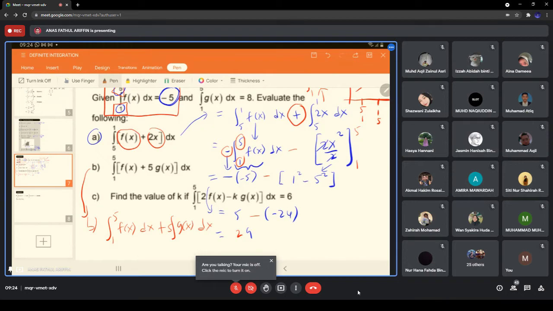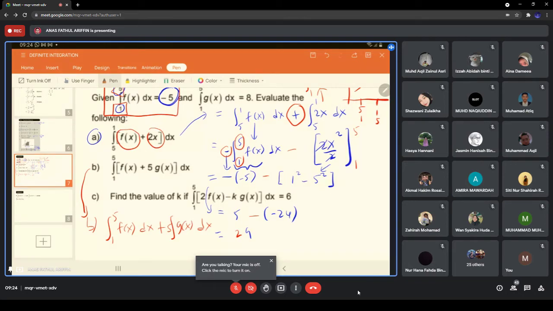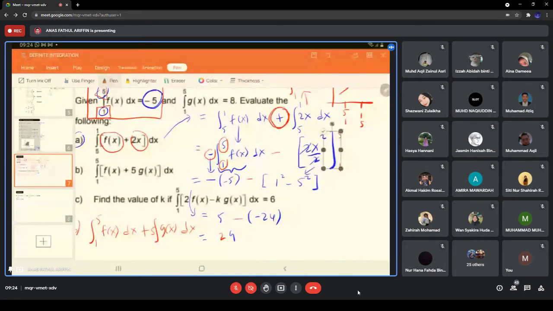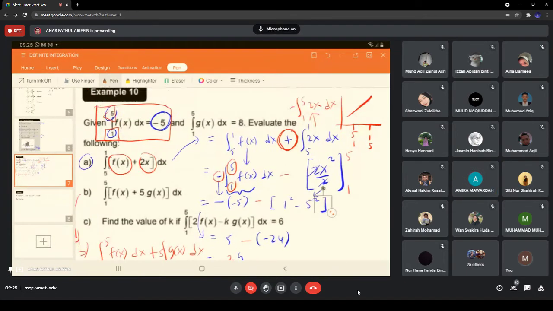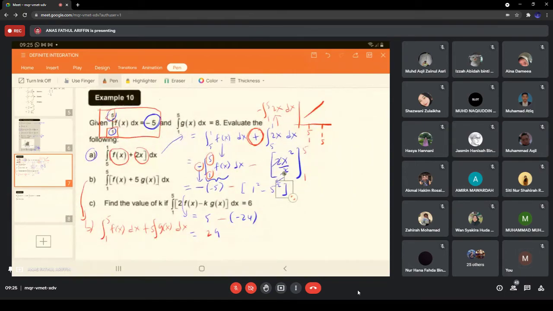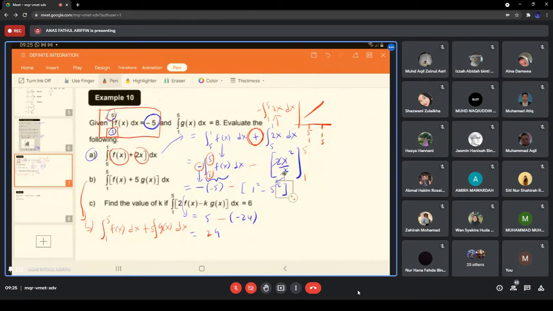Sama macam kita buat atas ni lah, kita splitkan. Cuma yang special case ni, yang untuk 2x ni, sebab limit dia 5 to 1 tu tak logik, kita kena tukarkan tempat, that's why kita jadi negatif. Faham tak ni? Faham, sir. Okay, so we get 29.